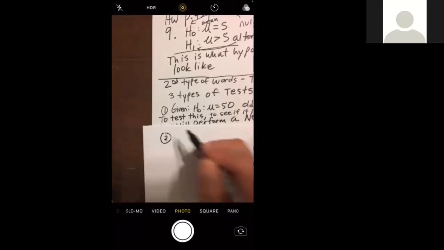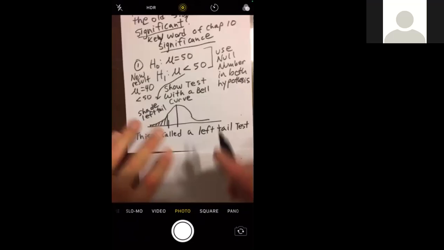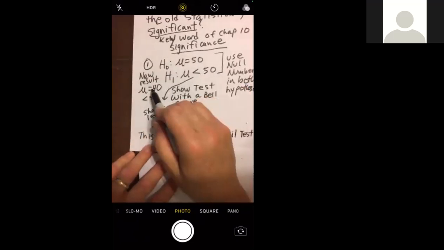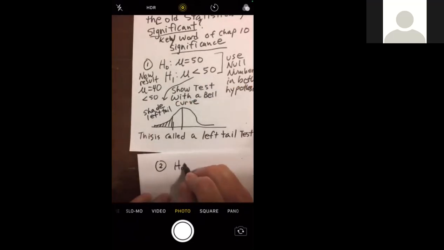Well, show all three types. And by the way, only one of these types will come up in any problem. But I've got to show you in this section all of the cases. If you can come up less than 50 on your new result, guess what? You can come up greater than 50, right? Keep the same null. But your new result, let's say your H1, should have said H1 and put a colon there. Okay, let's say your new result, mean equals 60.